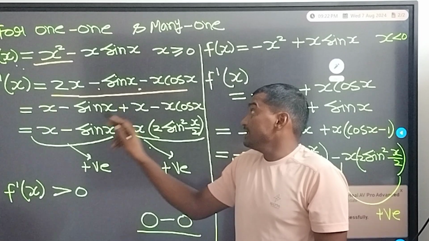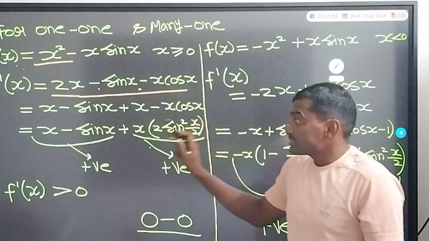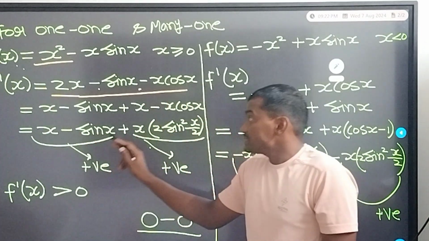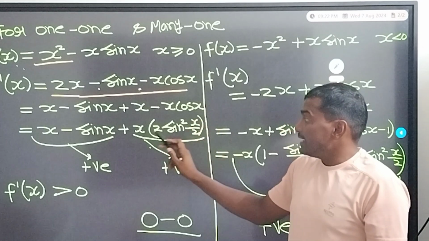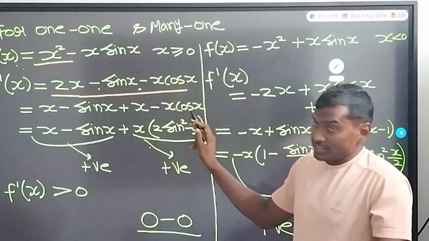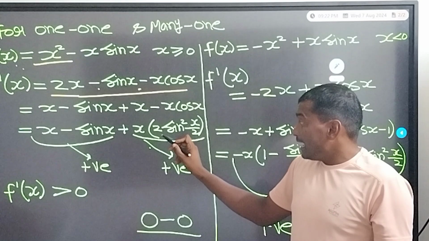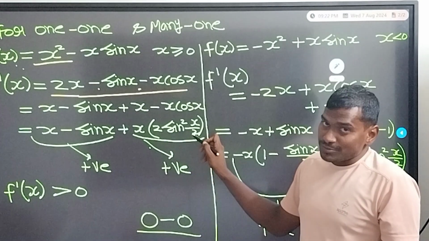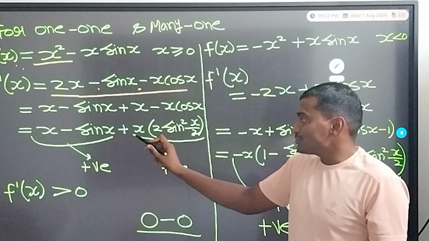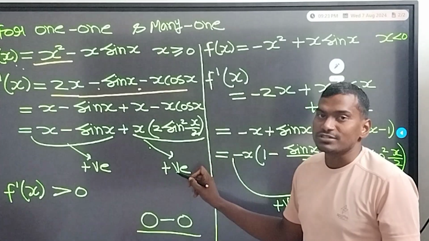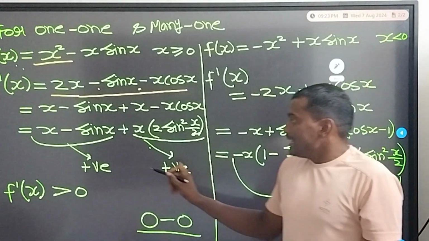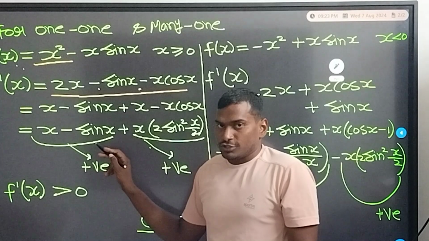This is minus sin x and this is minus x cos x minus sin x one side and this another side, x common, 1 minus cos x is 2 sin square x by 2, and this is some perfect square, always positive, x is already positive, so this portion is always positive. Let us discuss about this portion.